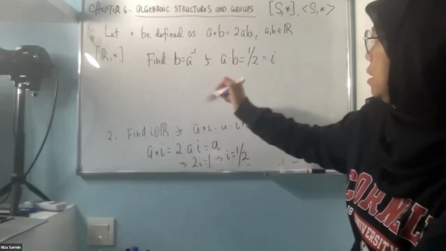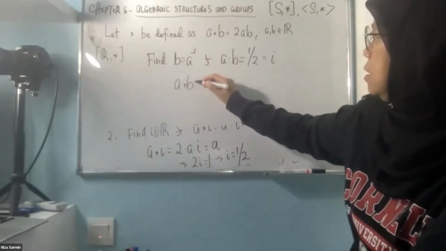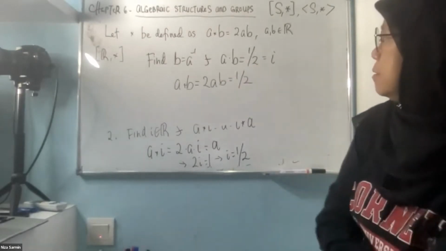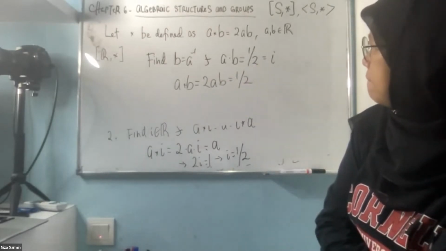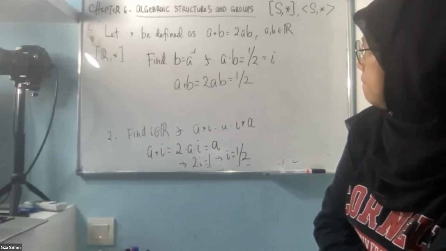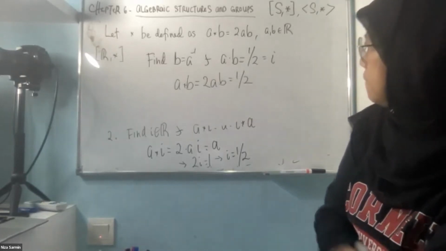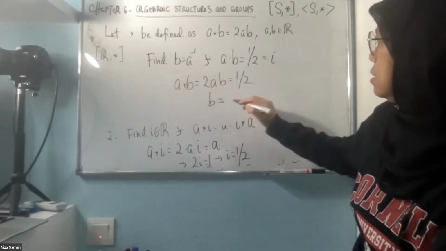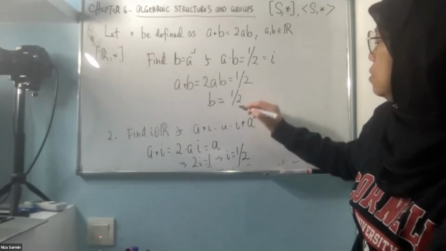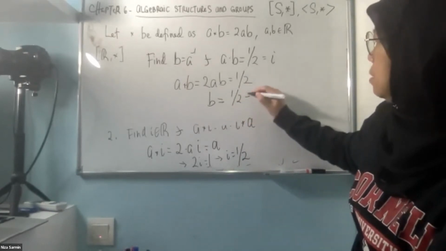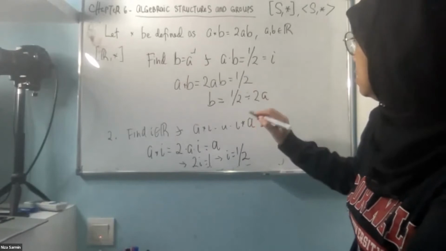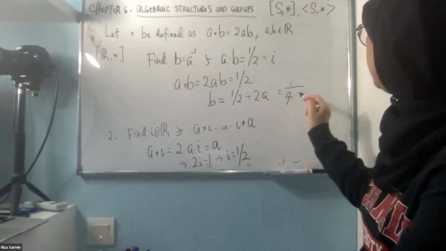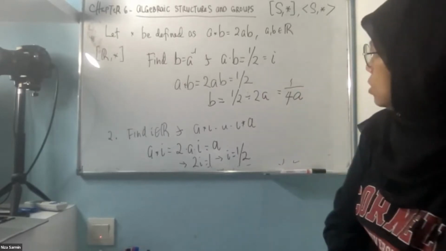So what is A star B? A star B is 2AB, and that is a half. You want to find B, right? B is 1/2 divided by 2A, which is 1/4A. Betul ke ni?